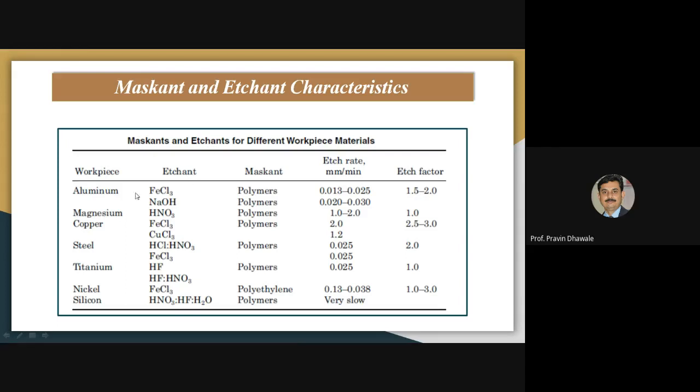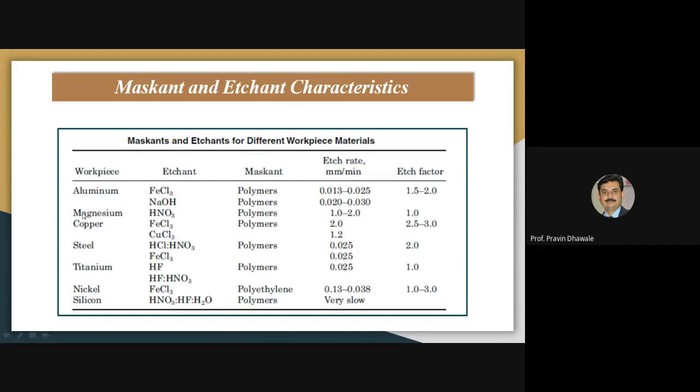If you are using iron chloride as etchant for machining of aluminum, the etch rate will be 0.013 to 0.025. If you are using NaOH as etchant for machining of aluminum with polymer as maskant, then the etch rate will be in a range of 0.020 to 0.030. And for both etchants and maskant, for machining of aluminum, the etch factor will vary in a range of 1.5 to 2.